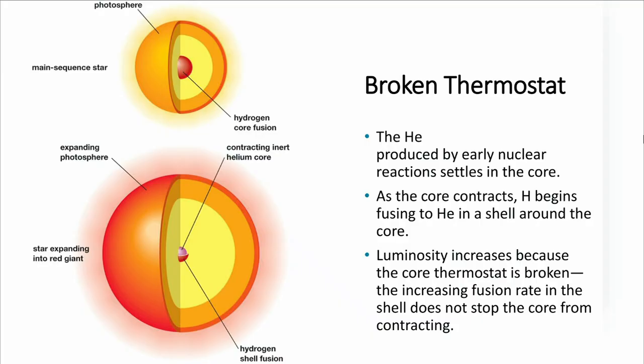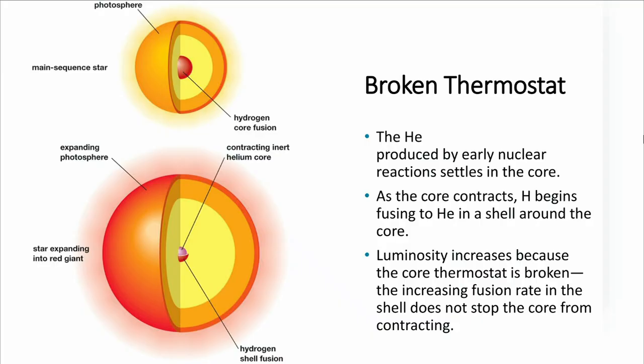But at this phase now, this whole time you've been converting hydrogen into helium. Helium is more dense than hydrogen, so the helium is going to settle in the center of your core. Eventually there will be so much helium in the core that it's displaced all of your hydrogen.